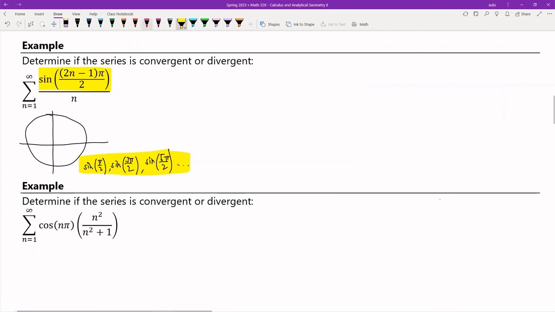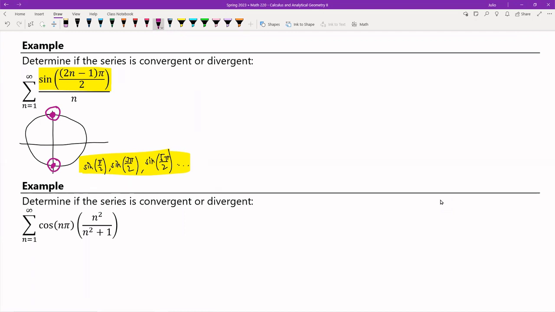Now, if you remember how trig works, sine of pi over 2, we're looking at this point and the y value. Sine of 3 pi over 2 is this point down here. We're looking at the y value. The y values for both of those are, the first one is positive 1, and the second one is negative 1. 5 pi over 2 is coterminal to pi over 2, so we're back at this point up here, so that's positive 1. The next one, sine of 7 pi over 2, bounces down here to negative 1.